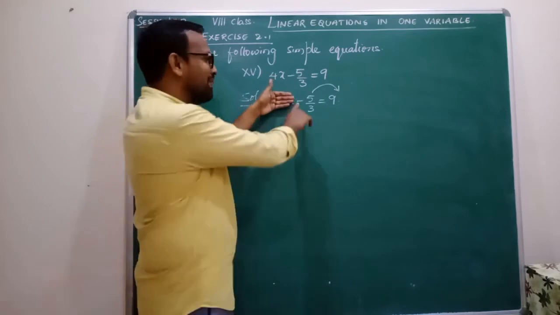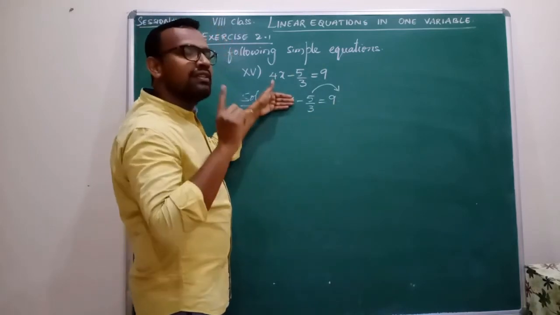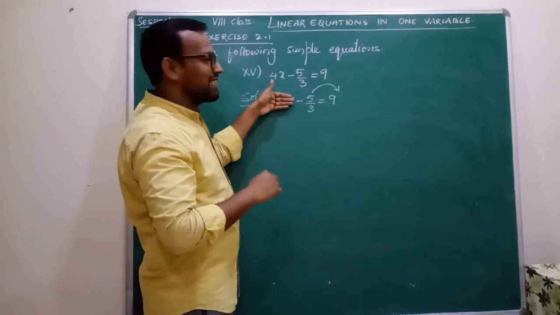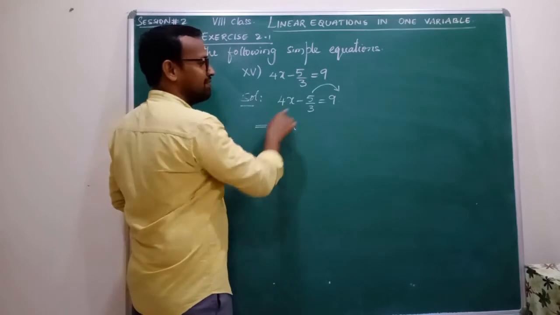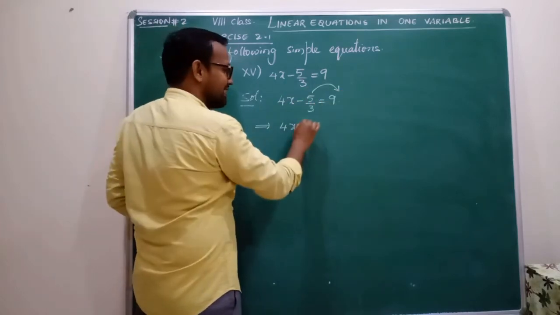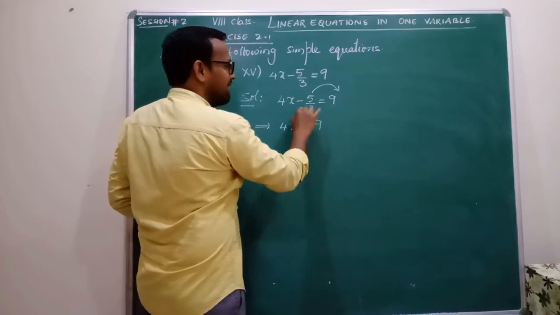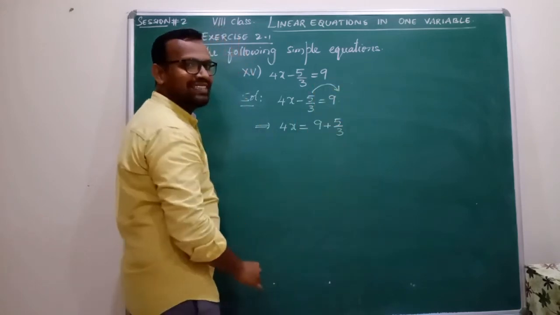Children, a minus quantity after transposing becomes a plus quantity. So let us do that. 4x, we are not going to write the transposed term, is equal to 9, and -5/3 on the other side becomes +5/3.